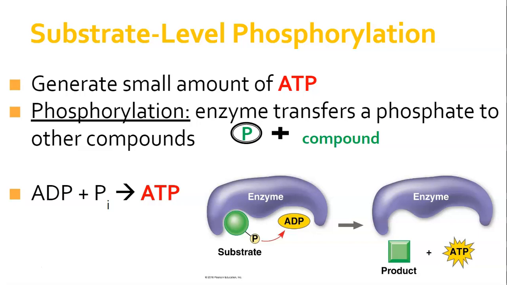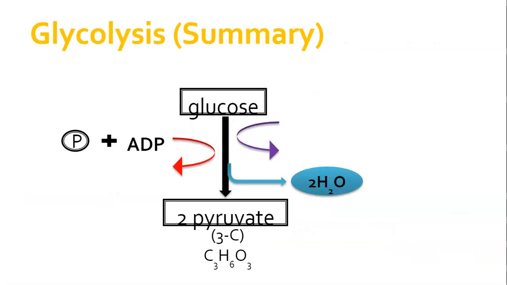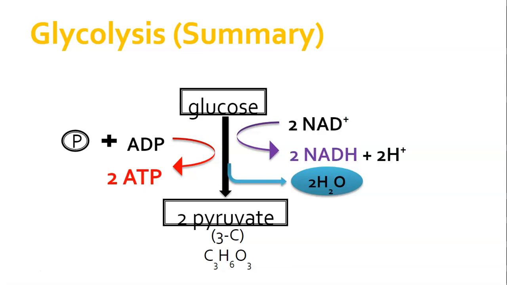So there's a specific molecule out there carrying a phosphate that will then make its way to create ATP. That's what's called substrate-level phosphorylation. And this occurs in glycolysis. We will also see it again in the Krebs cycle. So here's the overall summary of what is occurring in glycolysis.